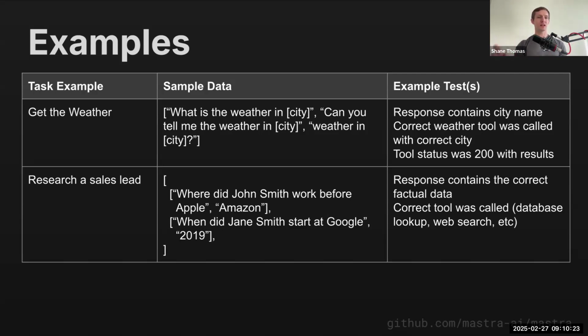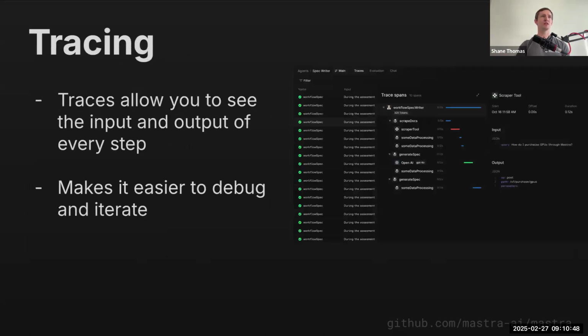You're looking for the specific date to be there. So you might want to run tests that say the response contains the correct factual data and the correct tool was called, whether that's looking it up in your database, doing a web search, or using a LinkedIn API. Whatever your tool would be, you'd want to make sure it actually called the right tool for these types of prompts. So you can see how you can piece together and run these kinds of tests on different parts of your application.